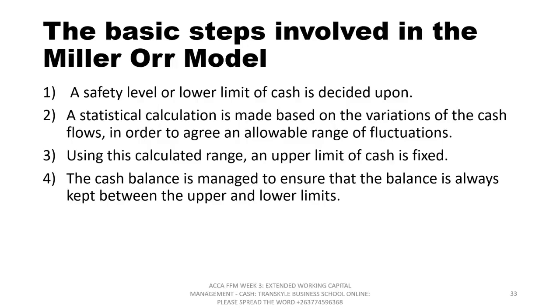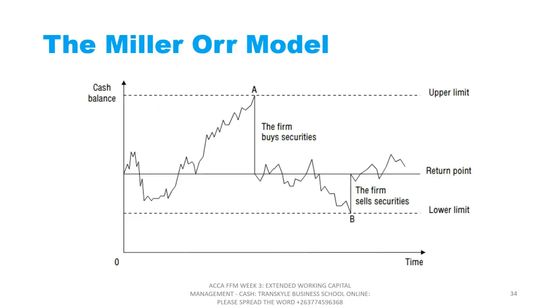Using this calculated range, an upper limit of cash is fixed. The cash balance is managed to ensure that the balance is always kept between the upper and lower limits. So the diagram you are seeing there can illustrate this concept further.